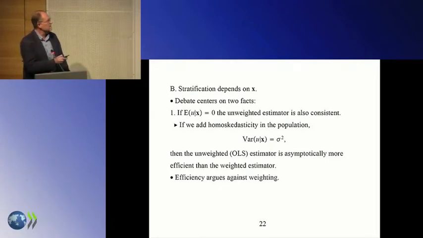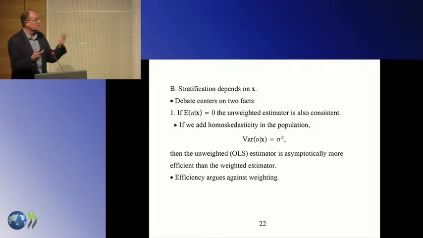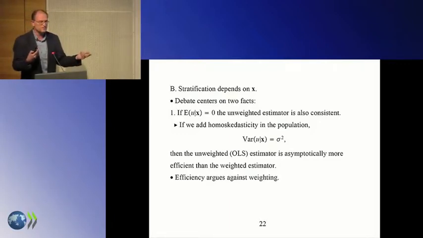So those two things ensure consistency. And then if you add the standard homoscedasticity assumption, and notice this is all in the population, right? This has nothing to do with the sample or anything. This is all a population discussion. If you add the homoscedasticity assumption, then you can show that the unweighted estimator is asymptotically more efficient than the weighted estimator will be. Okay, so now you have two consistent estimators. One of them is asymptotically more efficient, so of course you would prefer the asymptotically more efficient one.